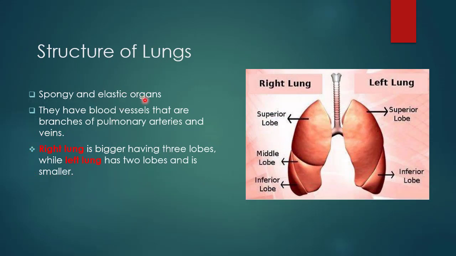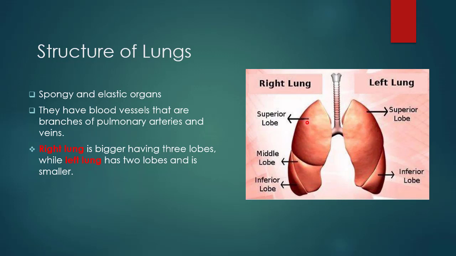So students, lungs are quite spongy and elastic organs because they are very delicate organs of our body. They also have blood vessels which come from the pulmonary arteries and veins. In this picture, you can see a pair of lungs. Here is the right lung and the left lung. There is a slight difference between the right lung and left lung.